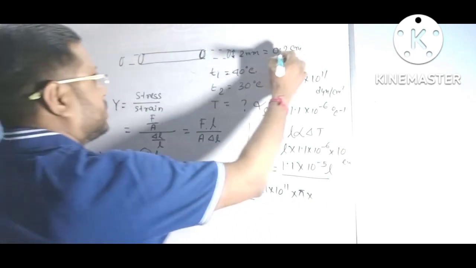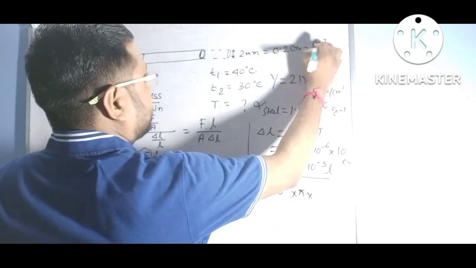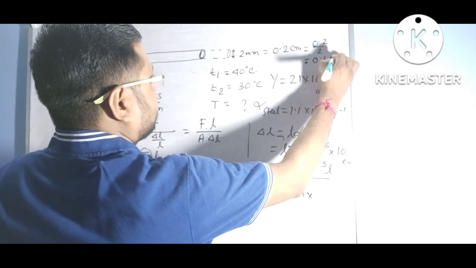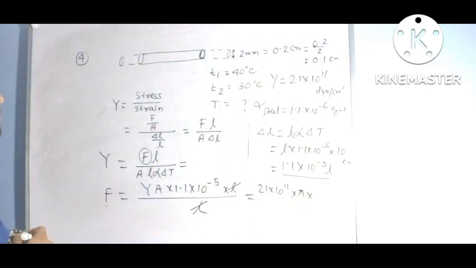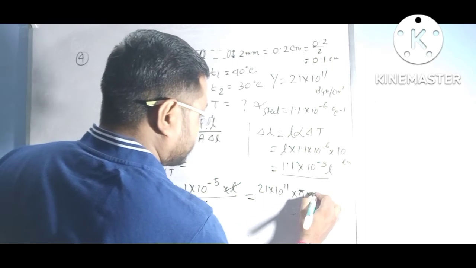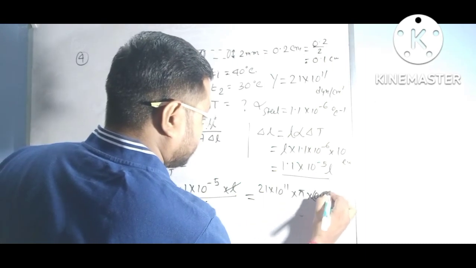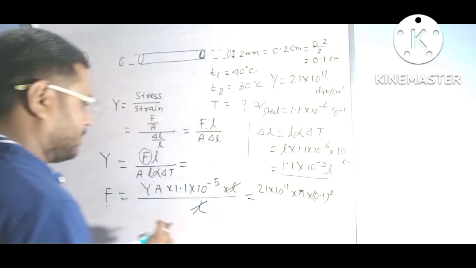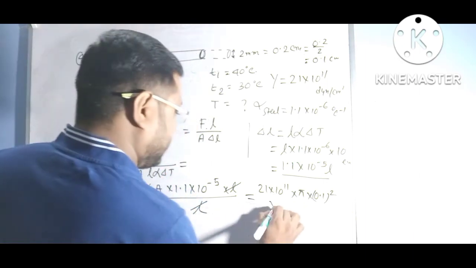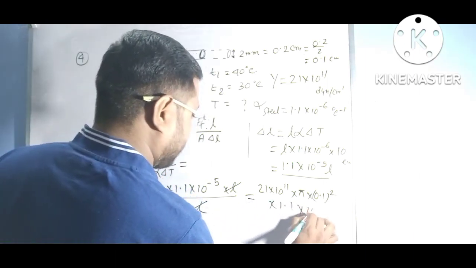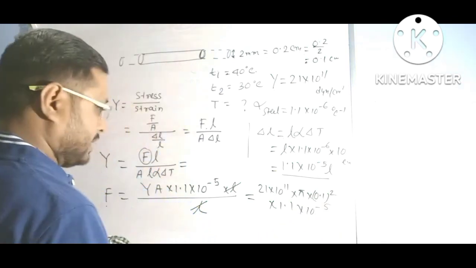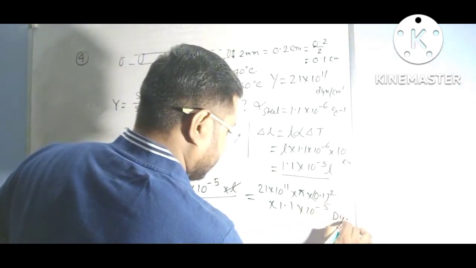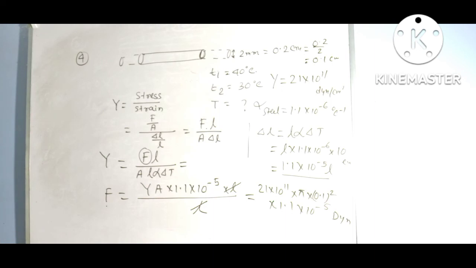R is 0.2 by 2, that is 0.1 cm. Therefore, pi into 0.1 square, multiplied by 1.1 into 10 to the power minus 5 dyne.